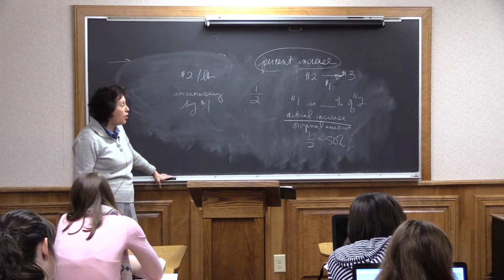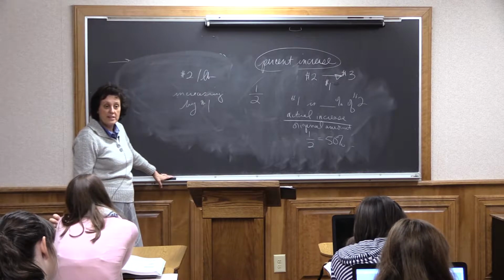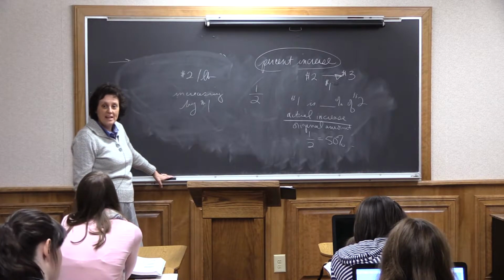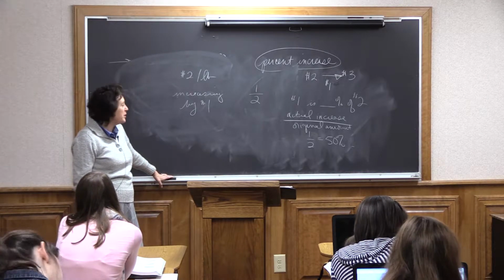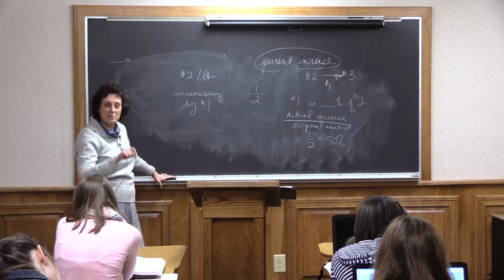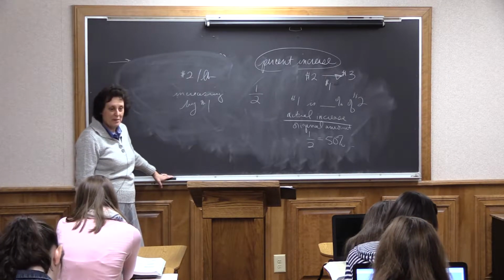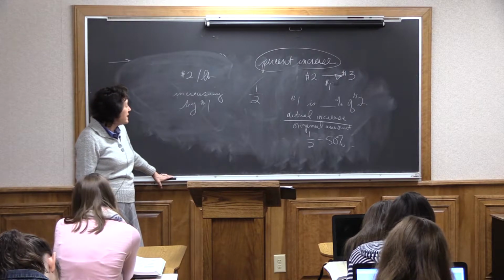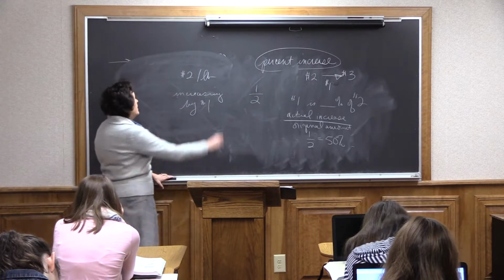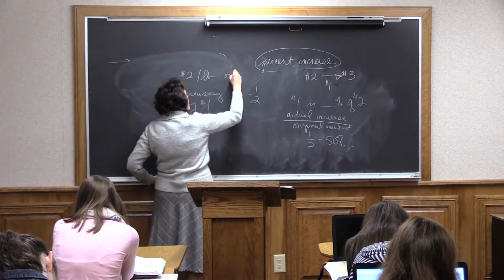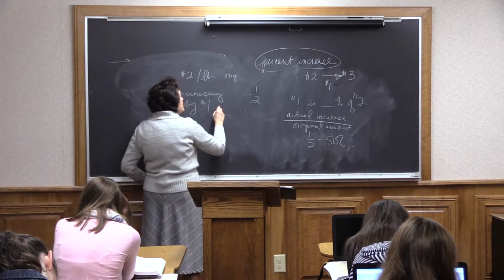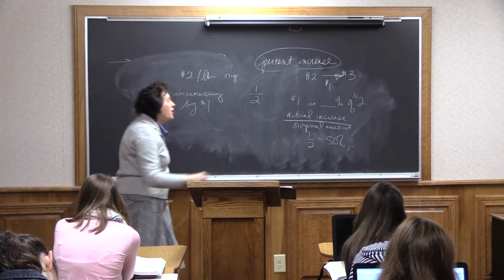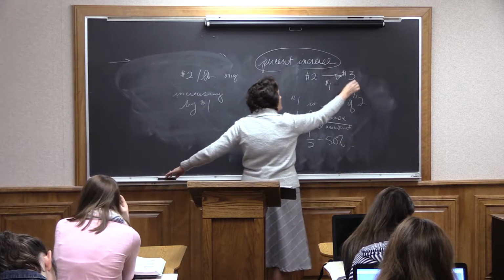So we can't go on what students like to do, and that's autopilot. Have a formula, you have two numbers in the problem, and you just put a number in a slot without thinking about it. Can't do that. So when we're finding percent of increase, we have to pay attention to what we're given. Here's the original price. They might tell you how much they're increasing it, or they might give you what they increased it to.